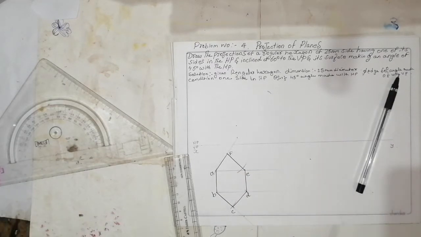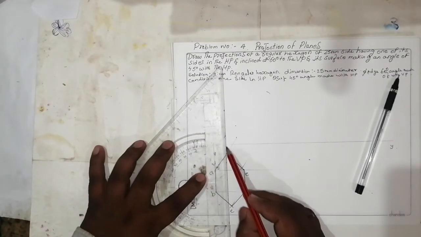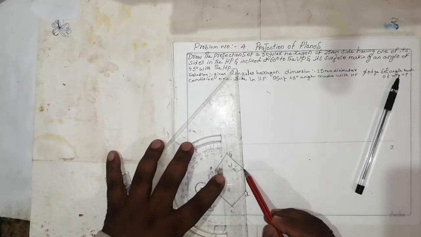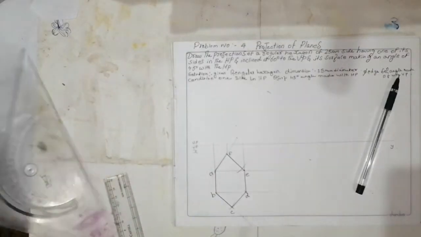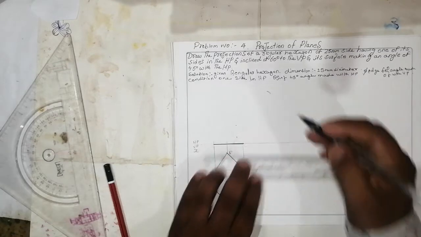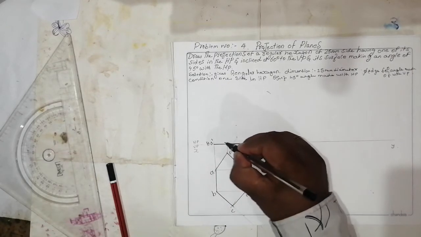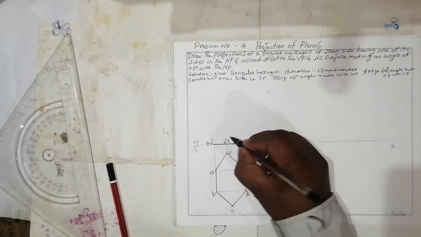After that, using a protractor, join this line. So this is going to be the top view: a dash, b dash, c dash, d dash, e dash, f dash.